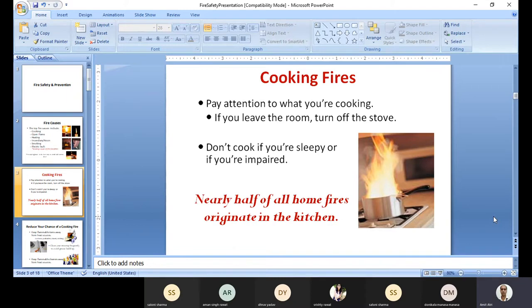So first of all, what are the precautions we should take? Always pay attention to what you are cooking. Here are some factors, like the moisture content. If the food we are cooking has a high moisture content, then the risk of inflammation, the risk of high flames, will be reduced.